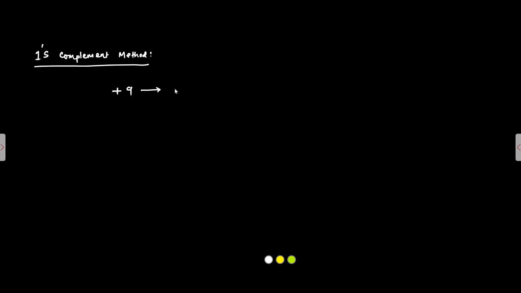That is 0, 4 zeros, then 1, 0, 0, 1. Plus 9 is represented in the same way as the sign magnitude method.